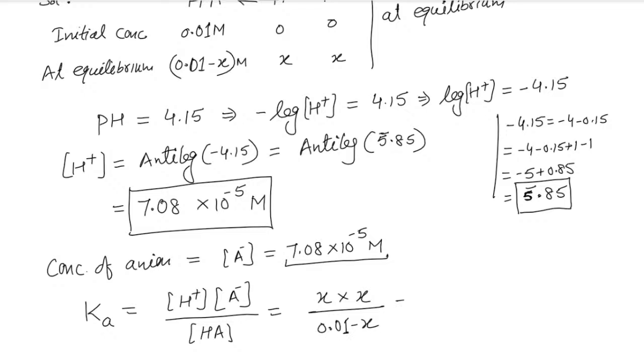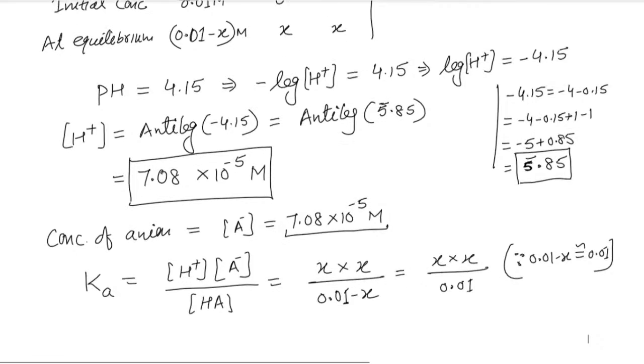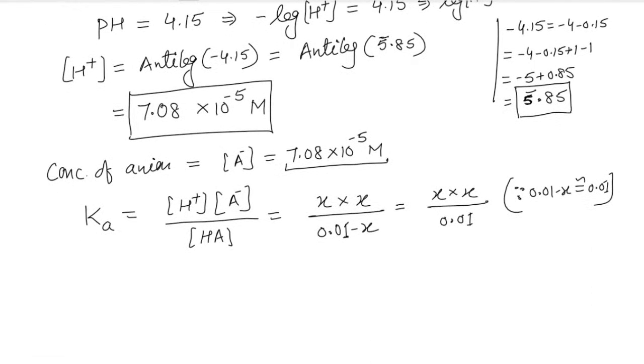So it can be written as X into X divided by 0.01, because 0.01 minus X is very close to 0.01.